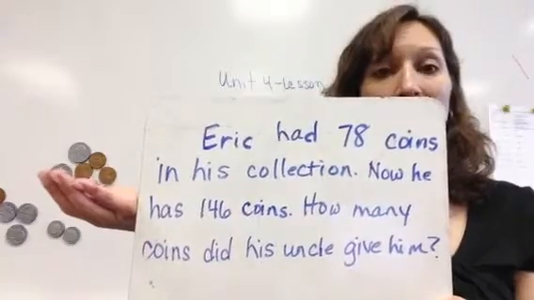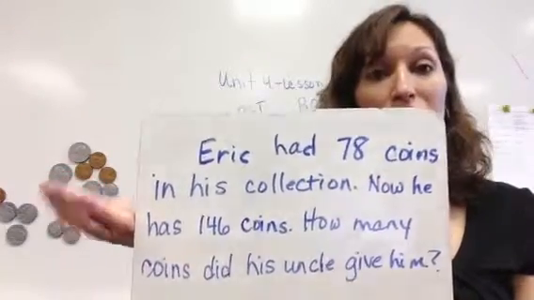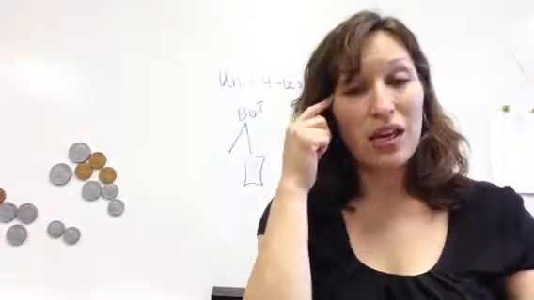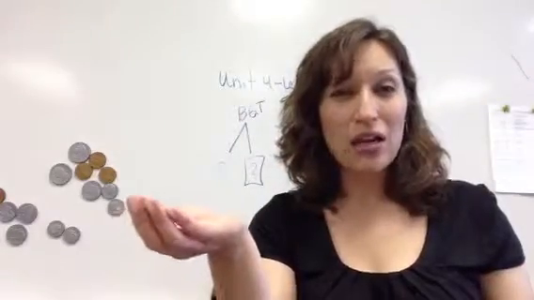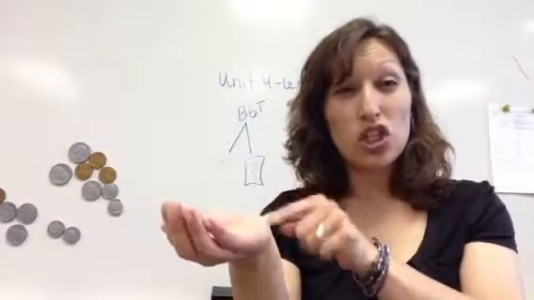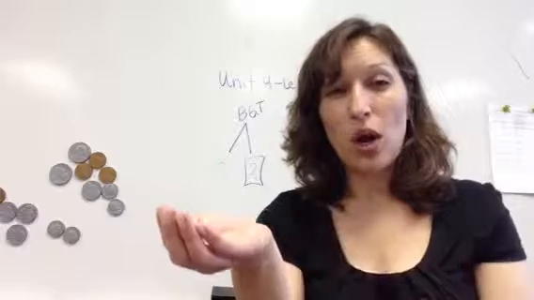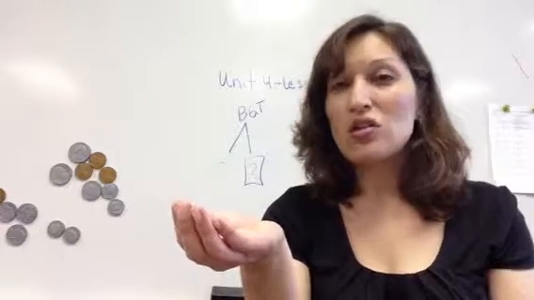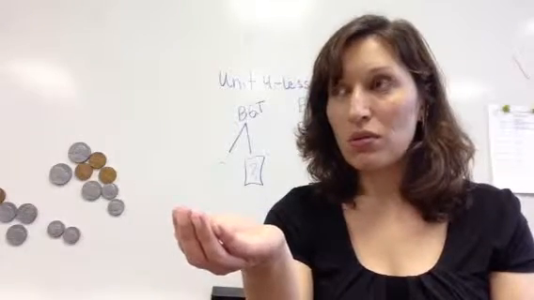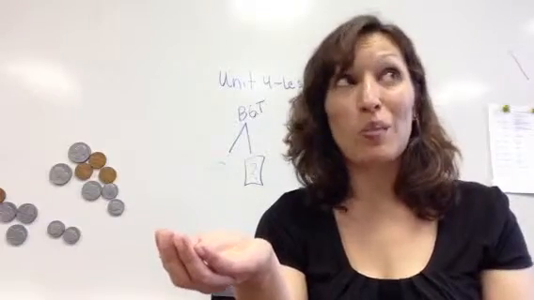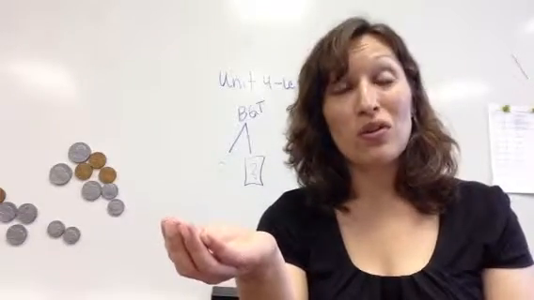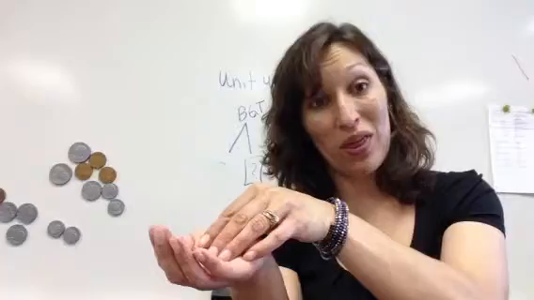Now he has 146 coins. Stop, think. He had 78. Something happened and changed that number to 146. So what happened? My number was 78, but then it got bigger. If it got bigger, then somebody had to put more with him.